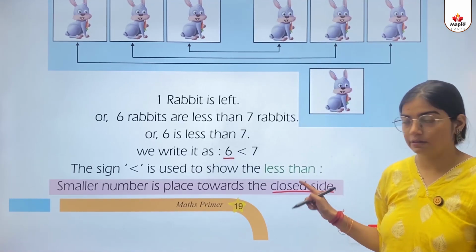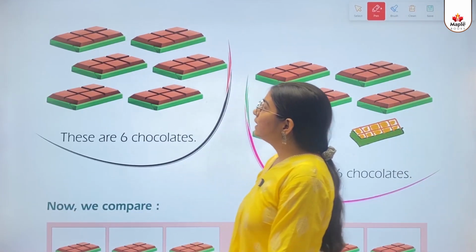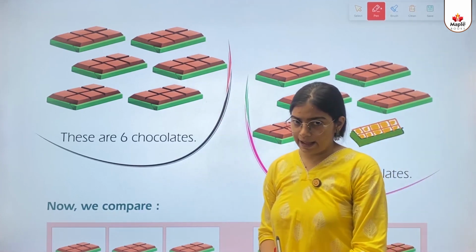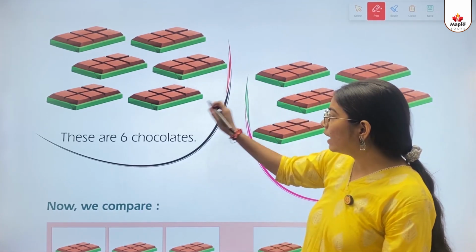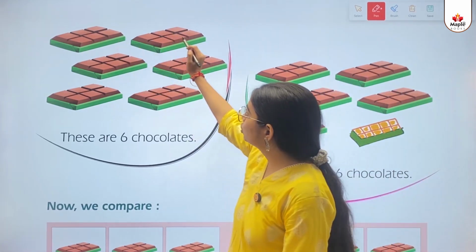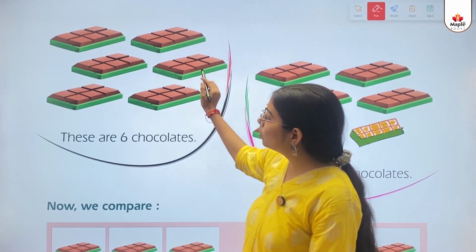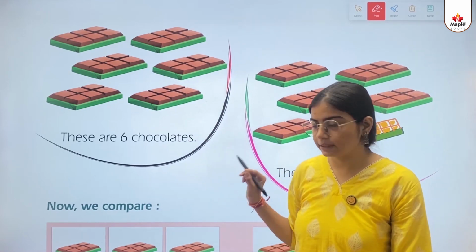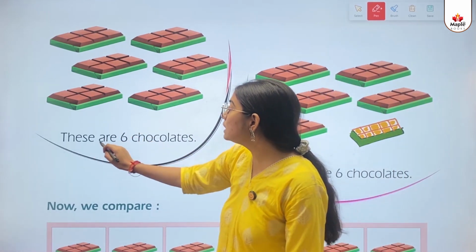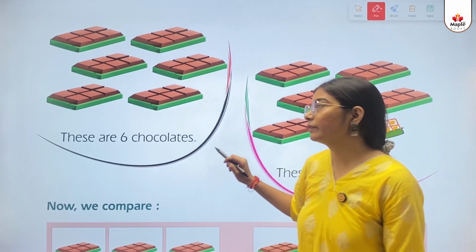Now kids, let's look at another example. Again, there are two sides given. One with 1, 2, 3, 4, 5, 6. One with 6 chocolates. Already written here, these are 6 chocolates.